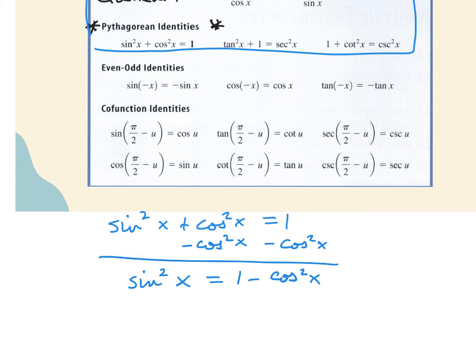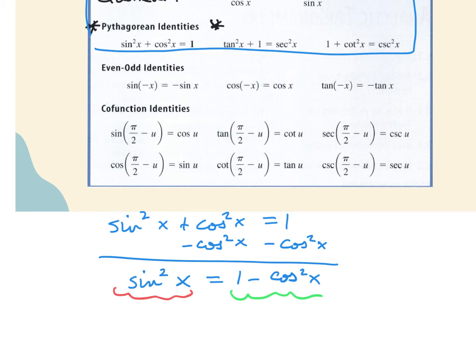Because what we're going to be doing in today's lesson is a bunch of substitution. So for example, let's say you have sine squared x in your problem, and you want to get it to have a bunch of cosines in it. What you can then do is take what sine squared x equals, which is this, and substitute it.